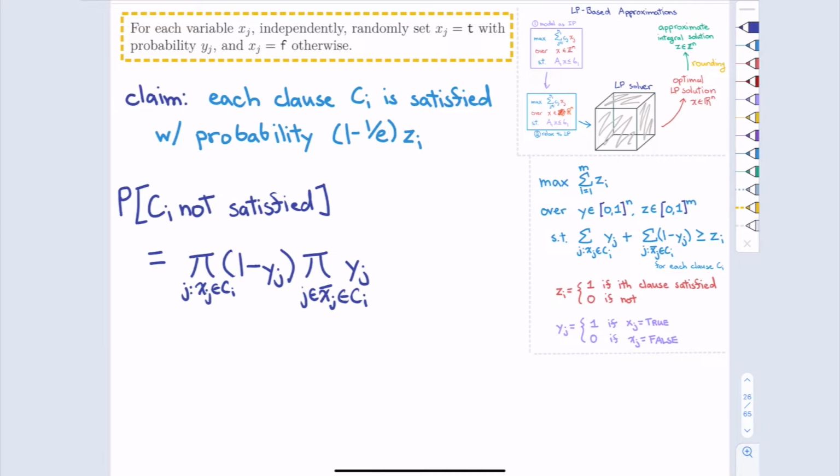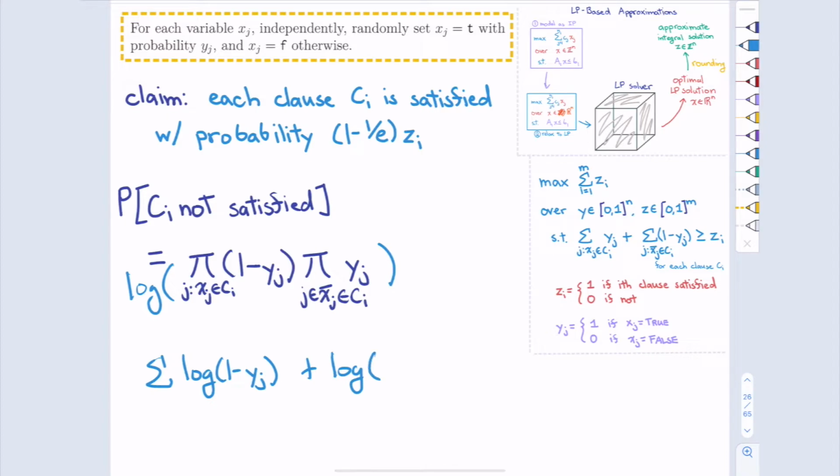Log. Well, that's true, but I'm not allowed to just take logs of stuff for no reason. If I did take a log, then you would get some sum of log of 1 minus yj's plus some log of sum of logs of yj's or something.